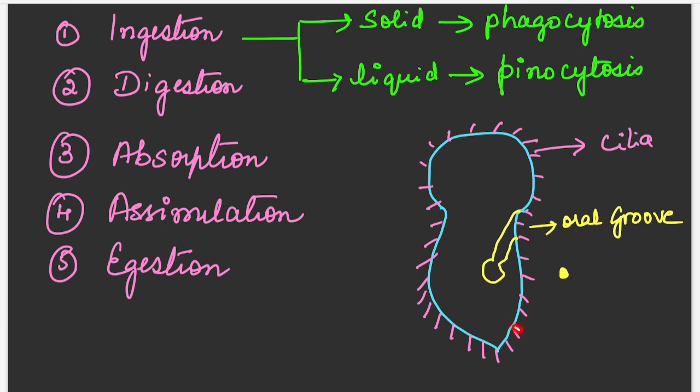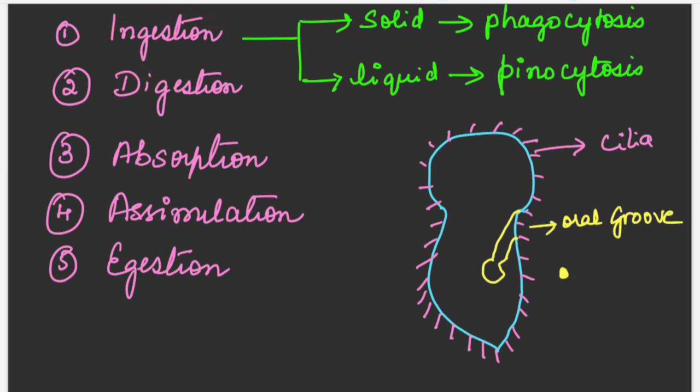By the movement of the cilia, which are hair-like structures, the cilia start moving. So by the movement of the cilia, the food will enter into the paramecium through the oral groove, and it will enter into the food vacuole. So this is called the food vacuole. Now this step is called ingestion.